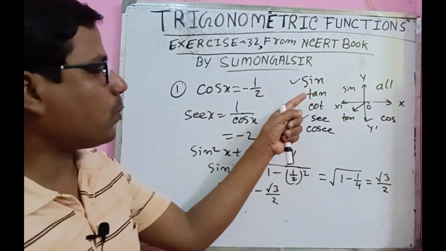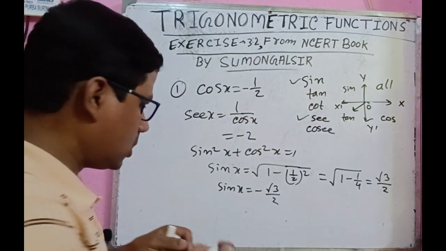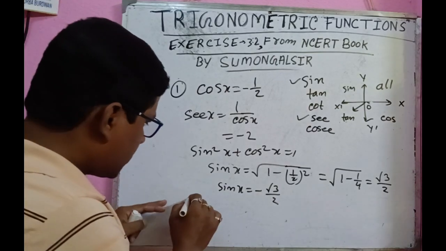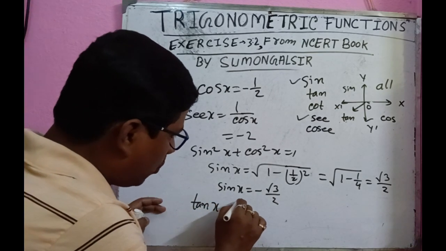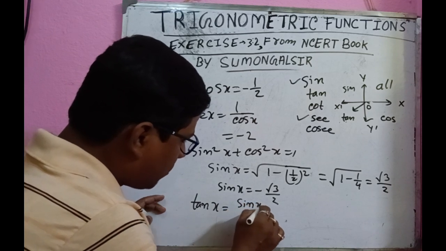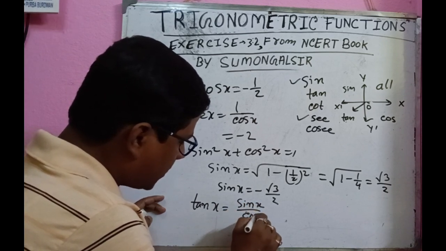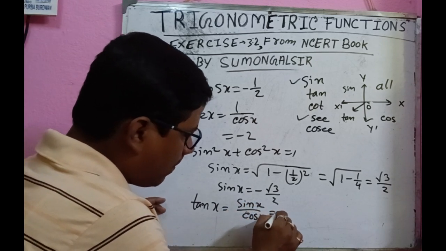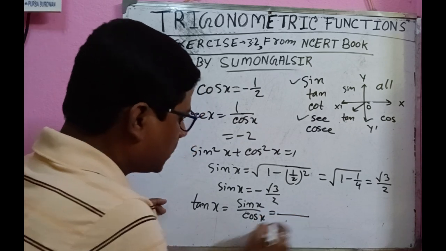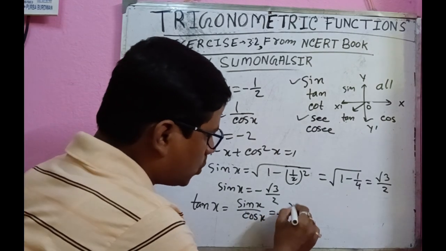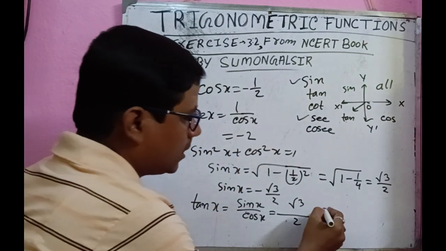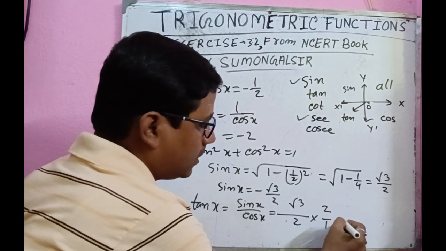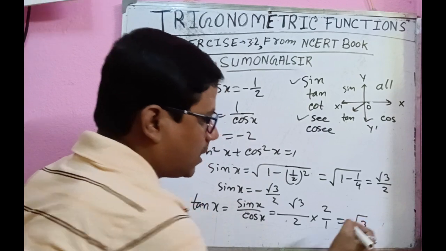Okay, sec is done and sin is done. Now we are looking for tan and cot. Tan x is equal to sin x by cos x. By putting the value of sin x, root 3 by 2, and cos x, we get root 3.